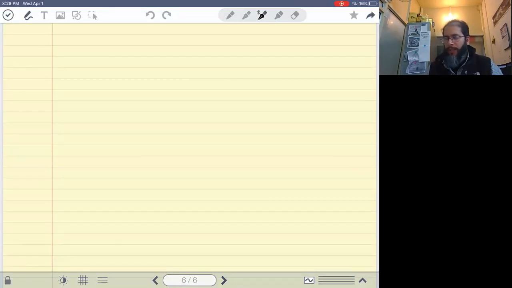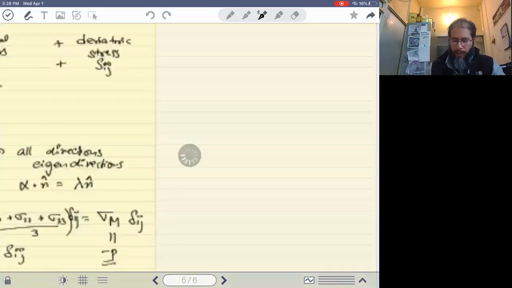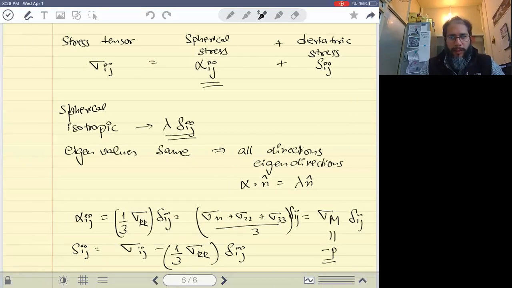As we said, the spherical part tends to either compress the body in fluids, or it could also extend the body if the force was tensile, but it cannot apply a shear force. It can only apply a normal force because by definition it is isotropic, because of the delta in it.